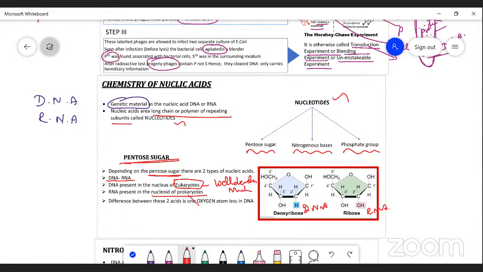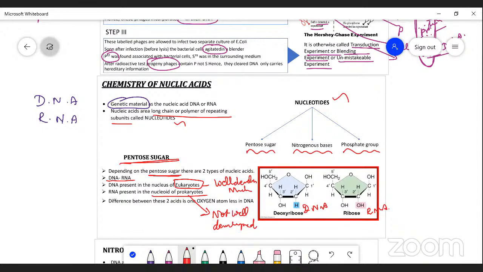Prokaryotes means a not well-developed nucleus is present. The cells which have a not well-developed nucleus, those organisms are known as the prokaryotes. Differentiate between the eukaryotes and prokaryotes. In the first class, we studied that one.